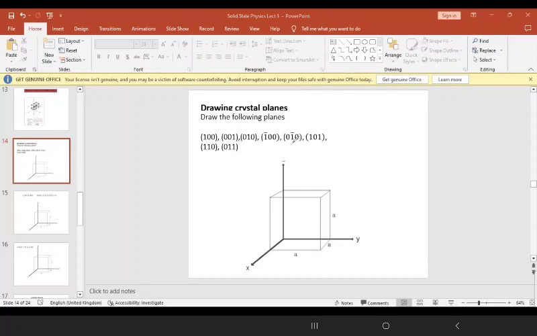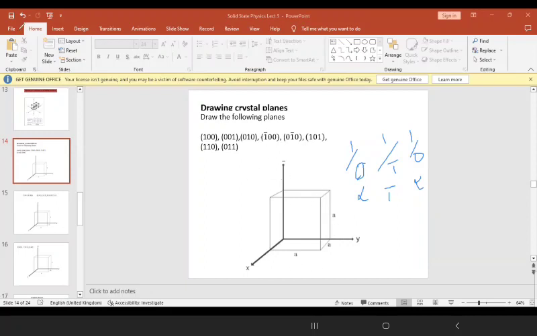You need to find 1 over 0, 1 over bar 1, 1 over 0. So 1 over 0 is infinity, this is bar 1, and this is infinity. Here, the important point is don't change the XYZ axis.